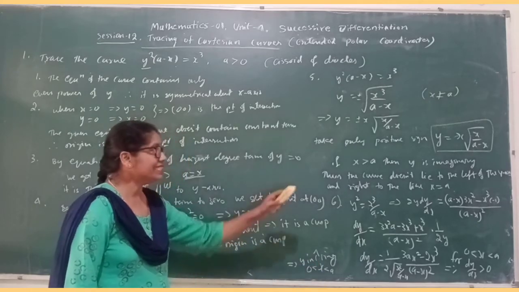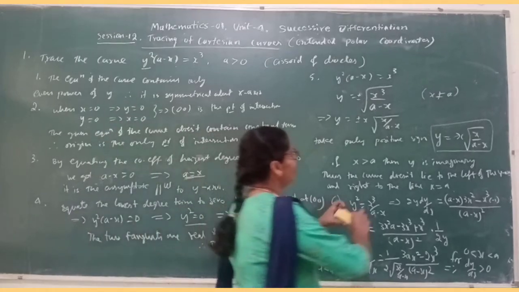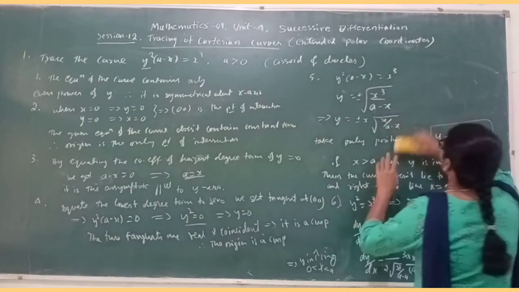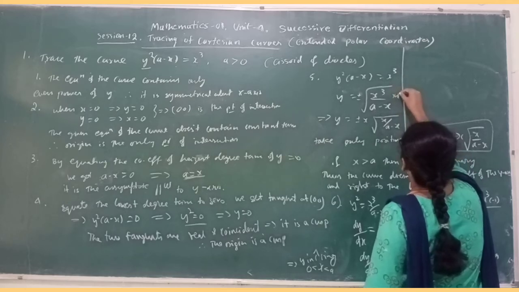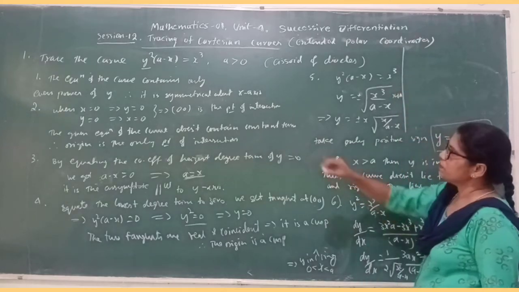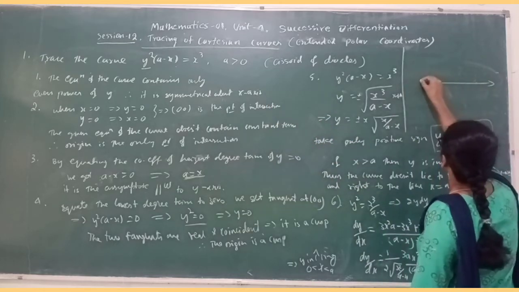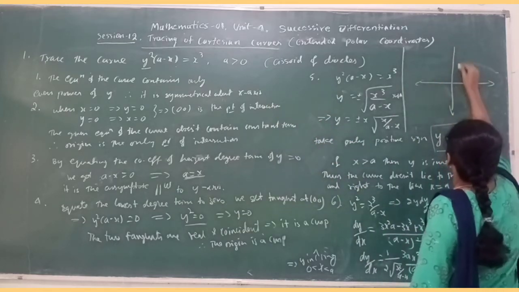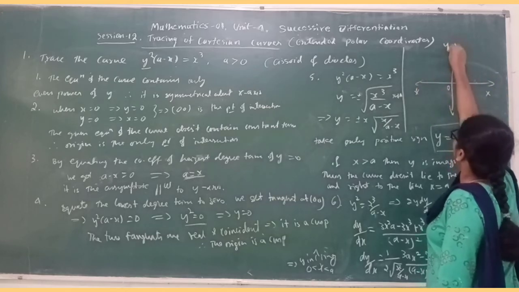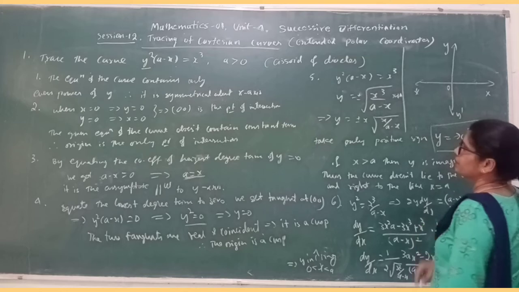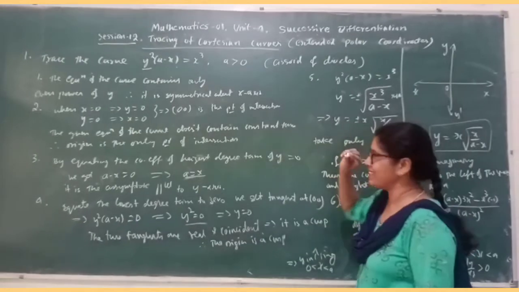Now, let me trace this curve by using these factors. So, I will use this area for this. Now, first we will draw the coordinate axes, x O, x dash, y O, y dash. Now, we observe the curve is symmetrical about the x axis.